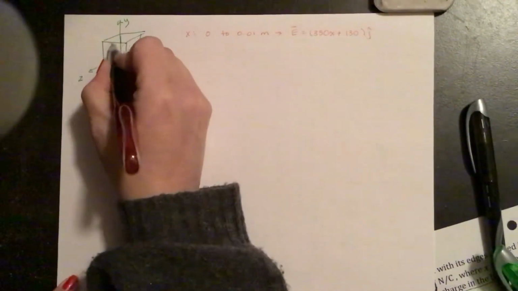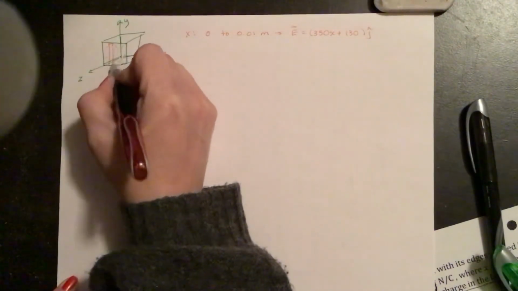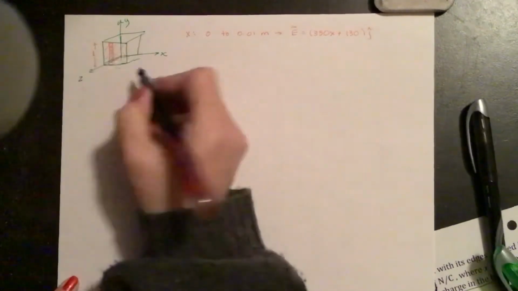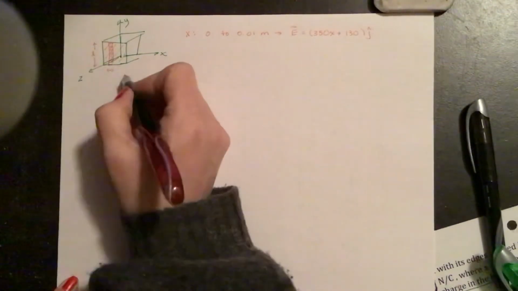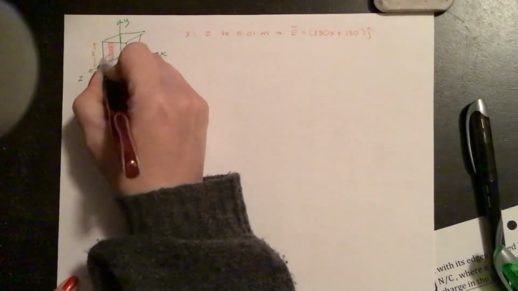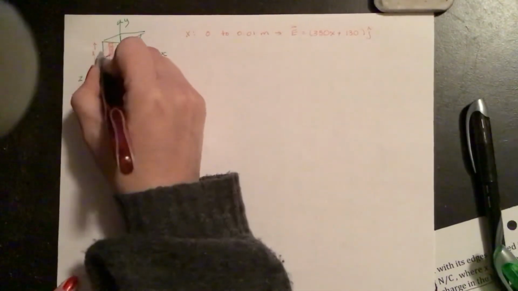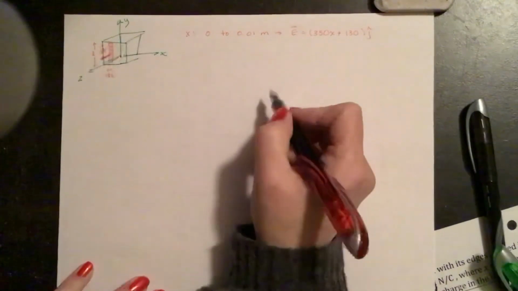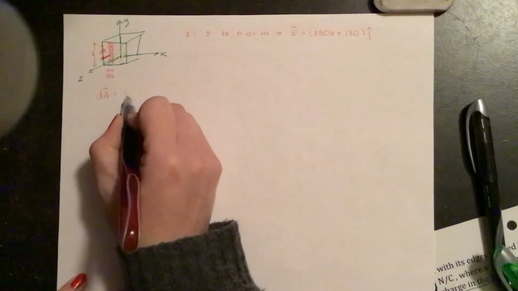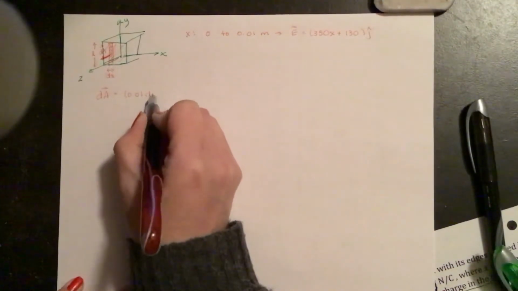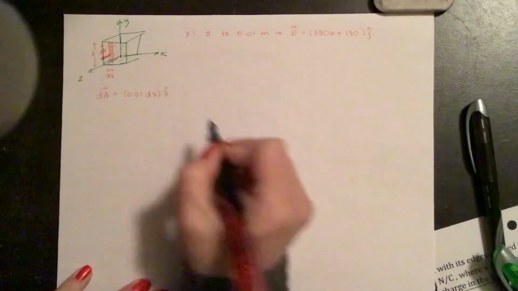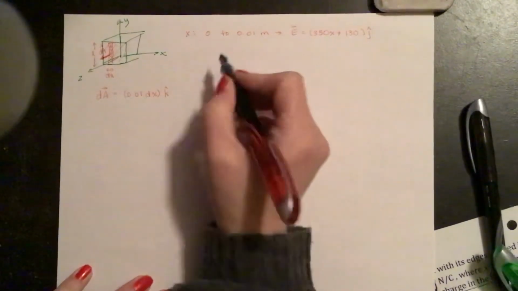My area element I am going to pick as a little rectangle again. It's got a length L, which is 0.01 meters. The width of it is a little bit in the x direction, dx, and the direction is straight out of the front face. So there's my dA. My dA for my front face is equal to the length times width, 0.01 times dx. The direction is straight out of the face, that is the z direction, or the k hat. Okay, let's get going with the flux.